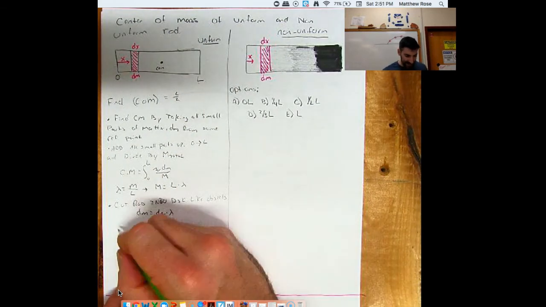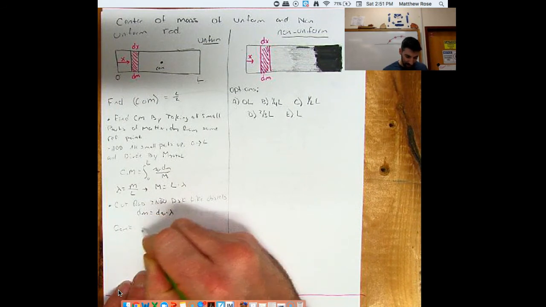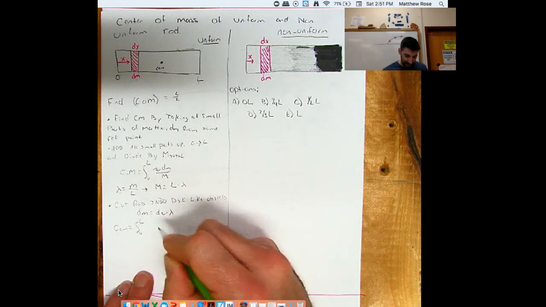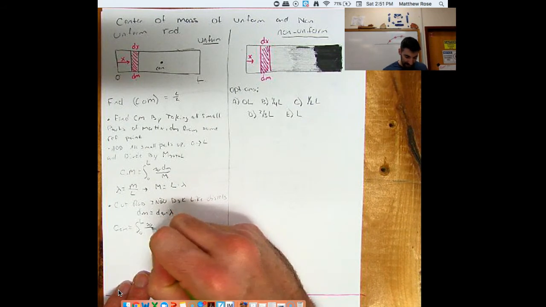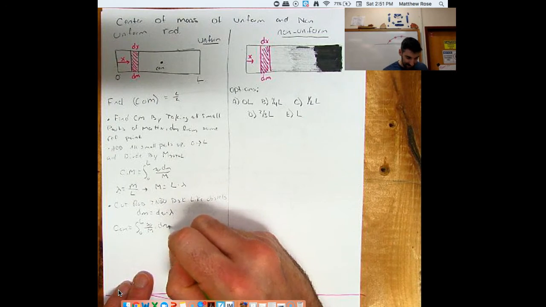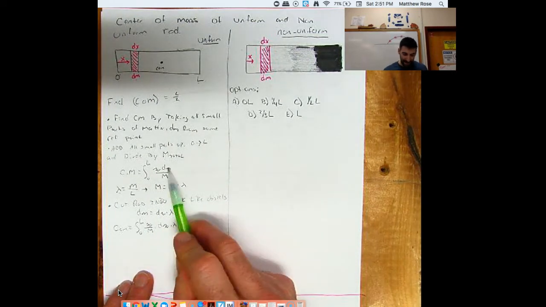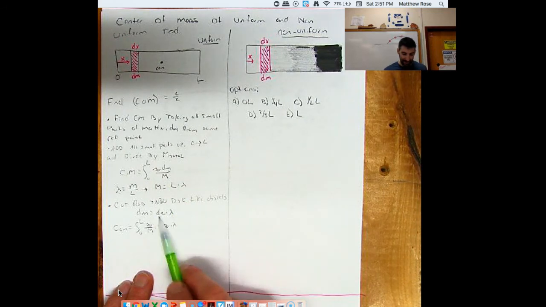Now I could say my center of mass is equal to the antiderivative from 0 to L of x over M times dx times lambda, because my dm I just subbed in as dx times lambda.